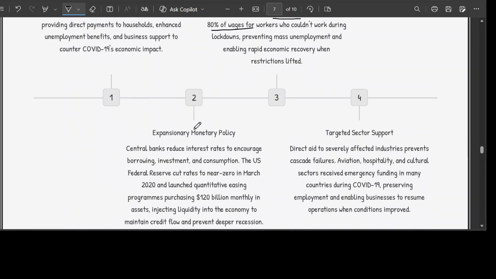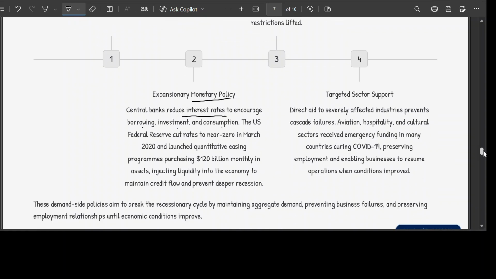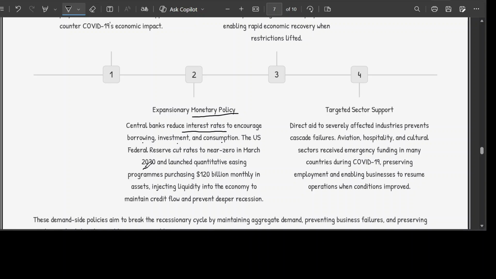Expansionary monetary policy is basically done by the central bank of that particular country, wherein they reduce interest rates so that loans are easily available for borrowing, investment, and consumption. Like the US government, which cut rates to near zero in March 2020, again during COVID, and launched quantitative easing programs such as 120 billion monthly in assets.